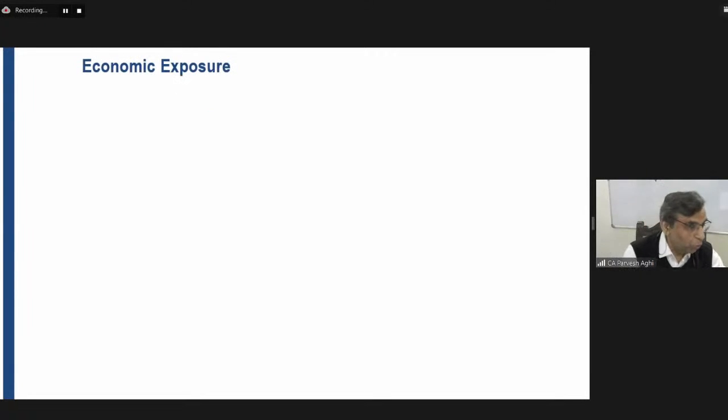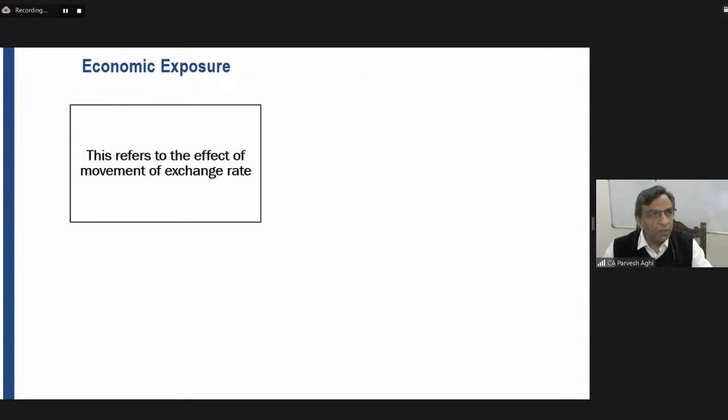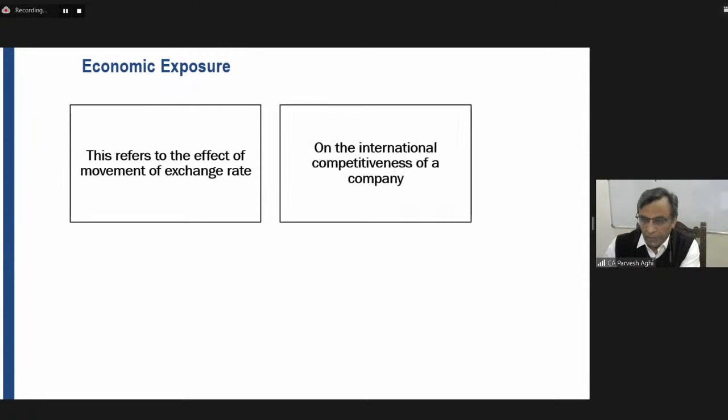Now we come to the most important one, the economic exposure, which can hit the foundations of an organization or an entity. This refers to the effect of movement of exchange rates on the international competitiveness of the company.